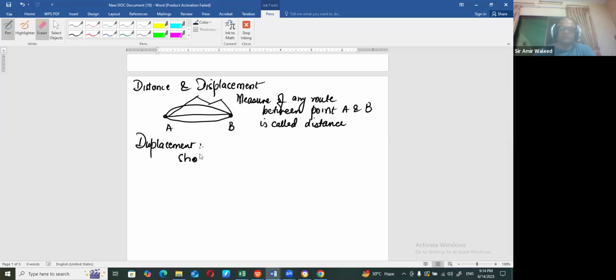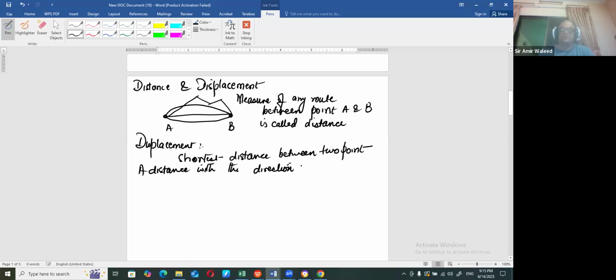When I say shortest distance between 2 points, it will always be in a straight line, right? So the distance in a straight line between A and B is called displacement, or you can say a distance with direction is called displacement.